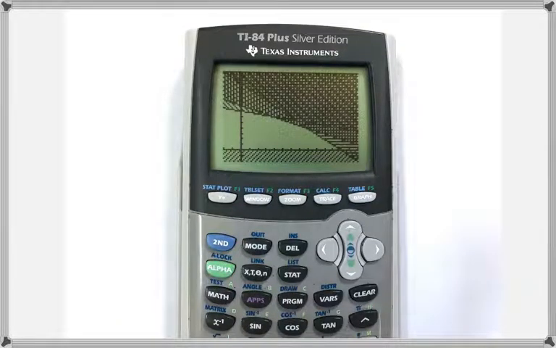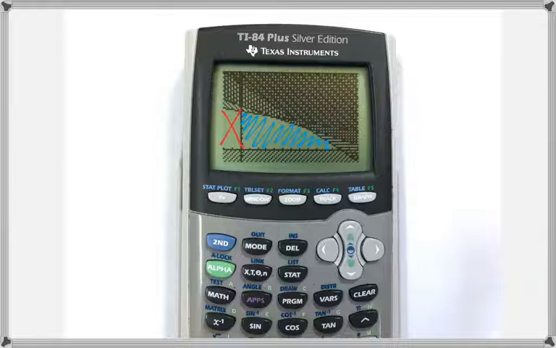So if we press graph, this is our feasible region. And again, manually we need to cut this off because x has to be greater than or equal to 0, so we can't have negatives. So my feasible region is going to be right here.